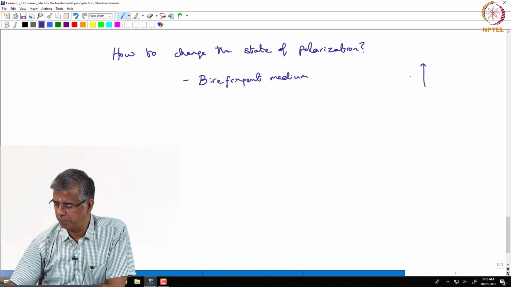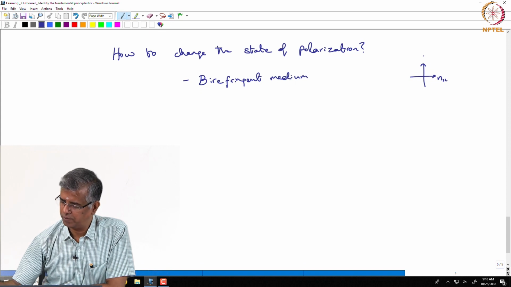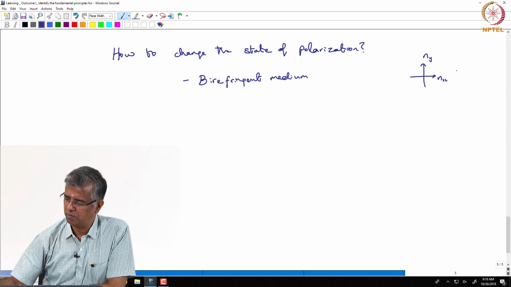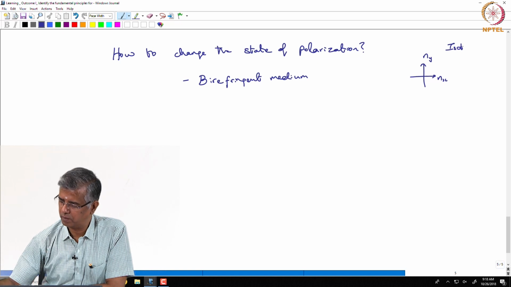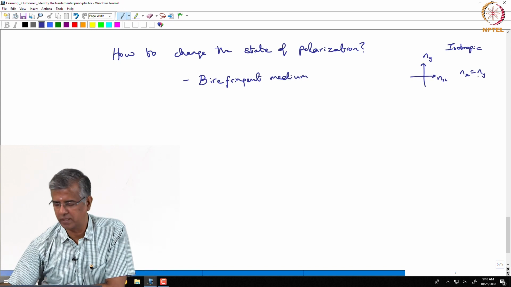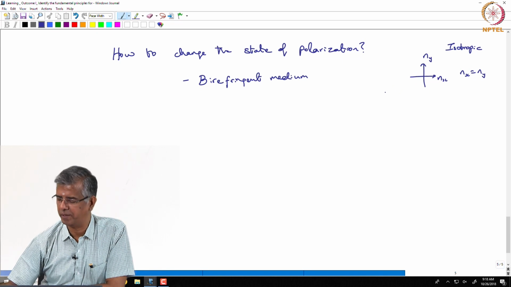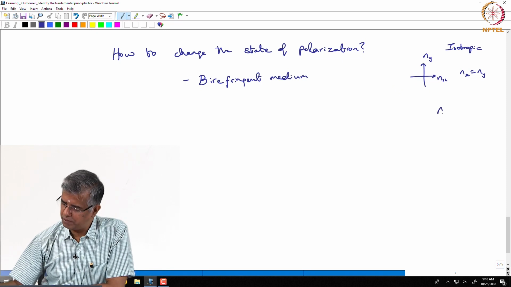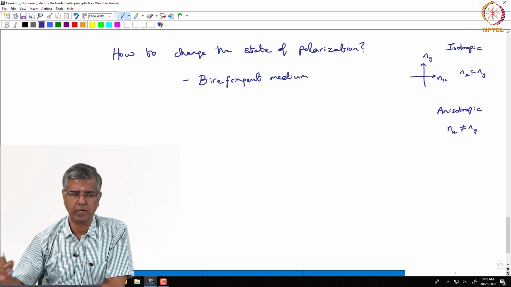If this is Nx refractive index and this is Ny, for an isotropic medium, Nx equals Ny and equals Nz, if z is the direction of propagation. So, the refractive index is the same everywhere. But a birefringent medium is an anisotropic medium, in which case Nx is not equal to Ny.